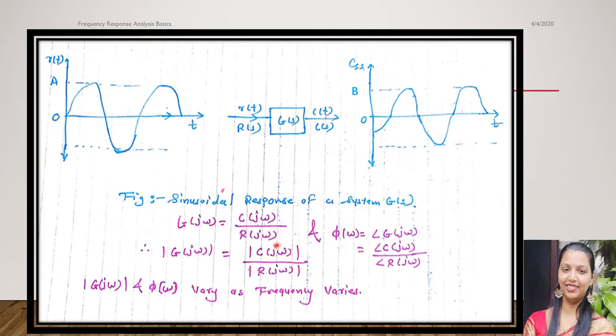Therefore, magnitude G(j omega) is equal to magnitude C(j omega) upon magnitude R(j omega), and phase shift phi(omega) is equal to angle G(j omega), equal to angle C(j omega) minus angle R(j omega). In general, magnitude G(j omega) and phi(omega) vary as the frequency varies.